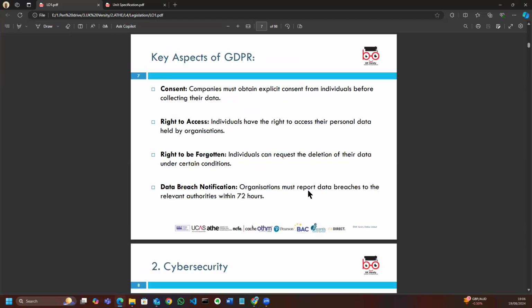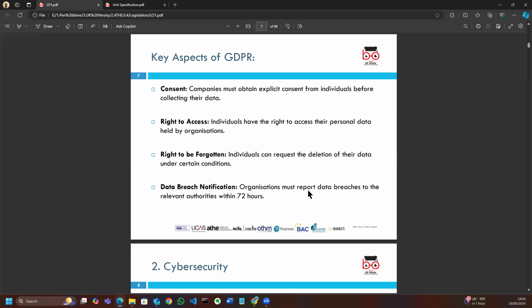What are the key aspects of GDPR? The first is consent. Companies must obtain explicit consent from customers or stakeholders. Then the right to access, where individuals have the right to access their personal data held by the company.